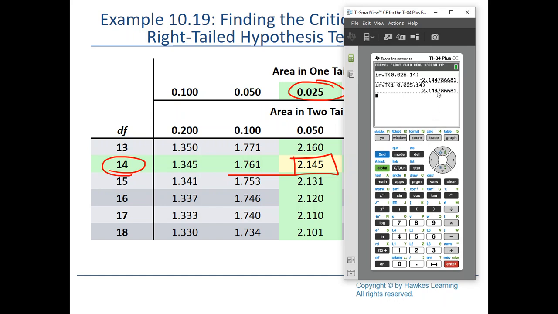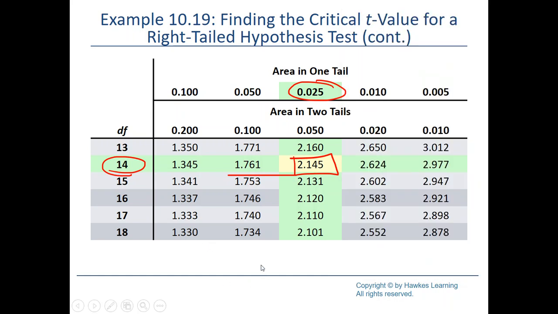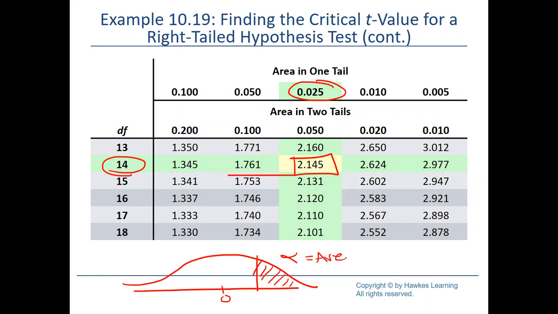T values we do round to 3 decimal places, so keep that in mind. All that is telling me is that if I were to draw out my chart, my nice lovely area here, and here's 0, this area is alpha.